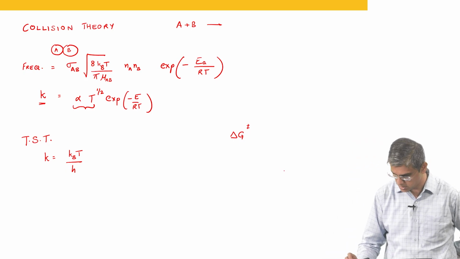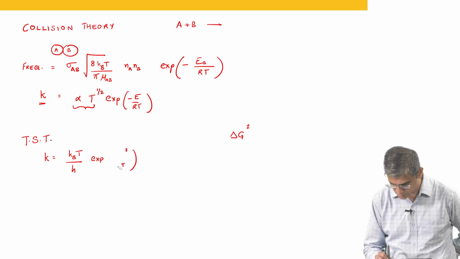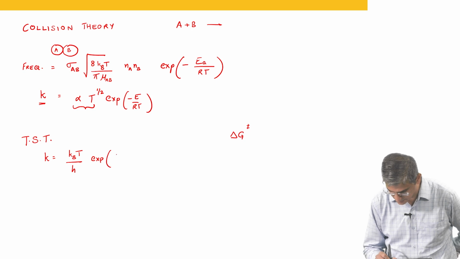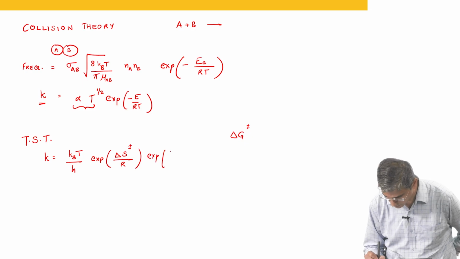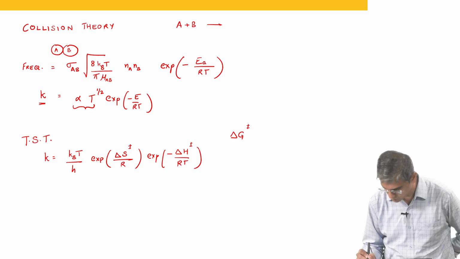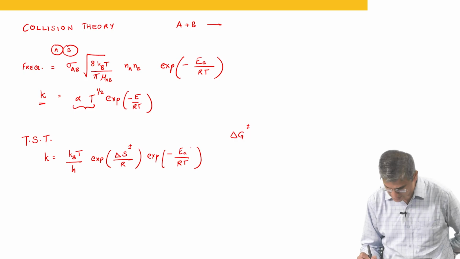This is multiplied by an exponential term, which you can write as e to the power minus delta G dagger by RT, and this is exactly what we call the activation energy.